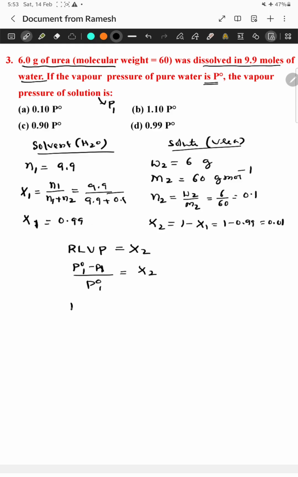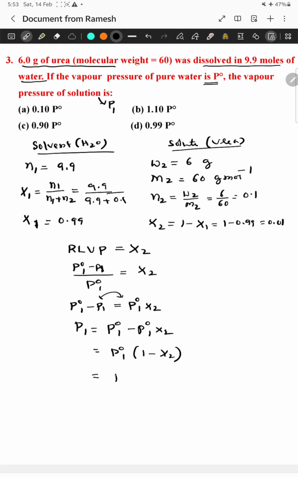Now you cross multiply that. P01 minus P1 is equal to P01 into Chi2. Now you rearrange these two things. So you will get P1 is equal to P01 minus P01 Chi2. So take P01 common factor. P1 is P01 into 1 minus Chi2.